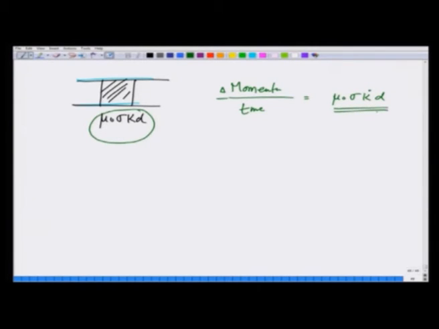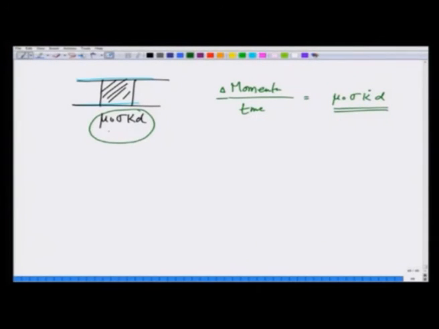So, what we have shown through that formula is that the field carries momentum and it is transferred to plates. Finally, when I integrate over the entire time, the entire momentum mu 0 k sigma d will go into the plates' momentum, because if I integrate mu 0 sigma k dot d over time, this comes out to be mu 0 sigma k d, which is indeed the momentum of the fields that has been transferred to the plates.